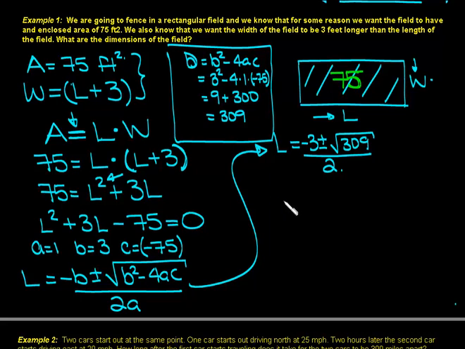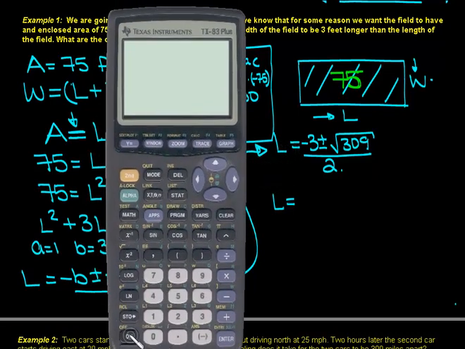So my length is going to be, okay, if I use the plus sign here, let's do that on the calculator so you guys can see that. So if I use the plus and I have minus 3, oops, I need parentheses on the outside since I'm going to divide by 2.